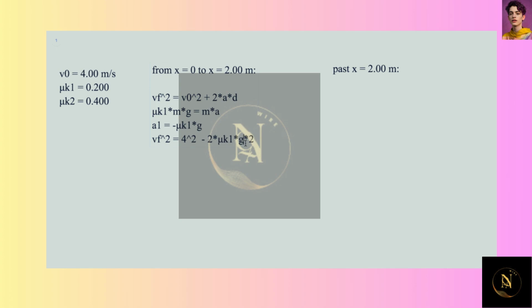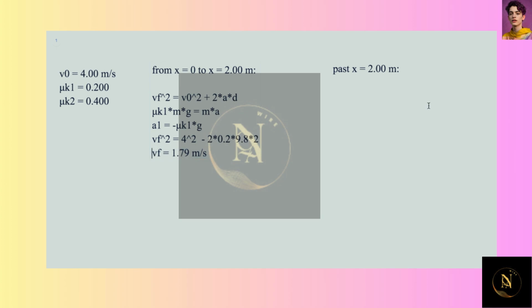So let's plug in 9.8 for g, and 0.2 here. To solve for VF, we just want to take the square root of this side here. When we plug in everything, we should get that VF is equal to 1.79 meters per second. So from this first rough patch, the velocity has slowed from 4 meters per second all the way down to 1.79 meters per second.